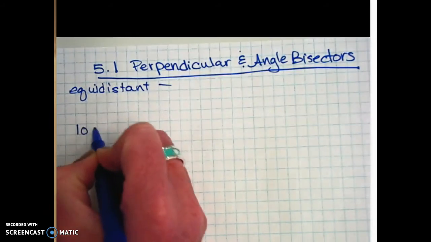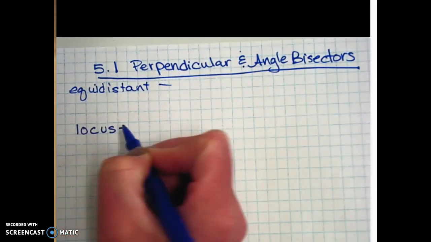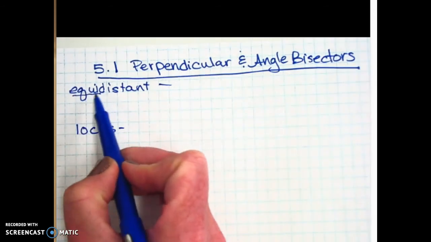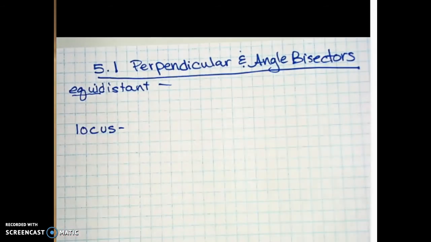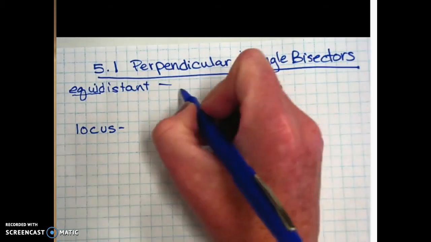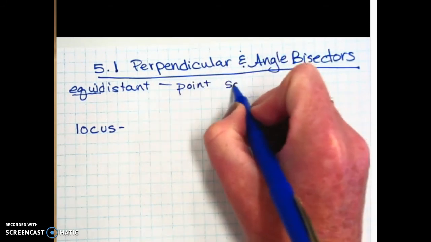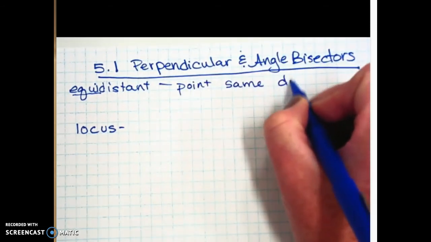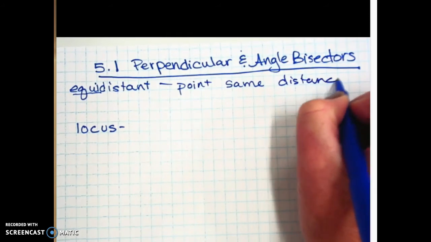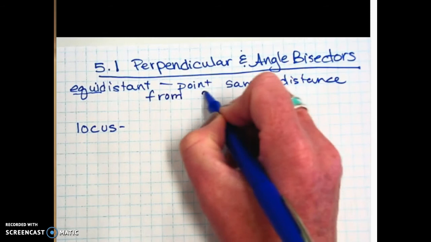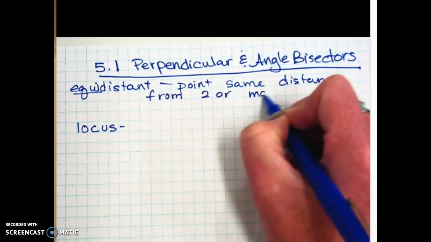and not as often, but a word you might see is a word called locus. So equidistant has equa in it. Equa sounds like equal, right? So equidistant is just going to be a point that is the same distance from two or more objects.